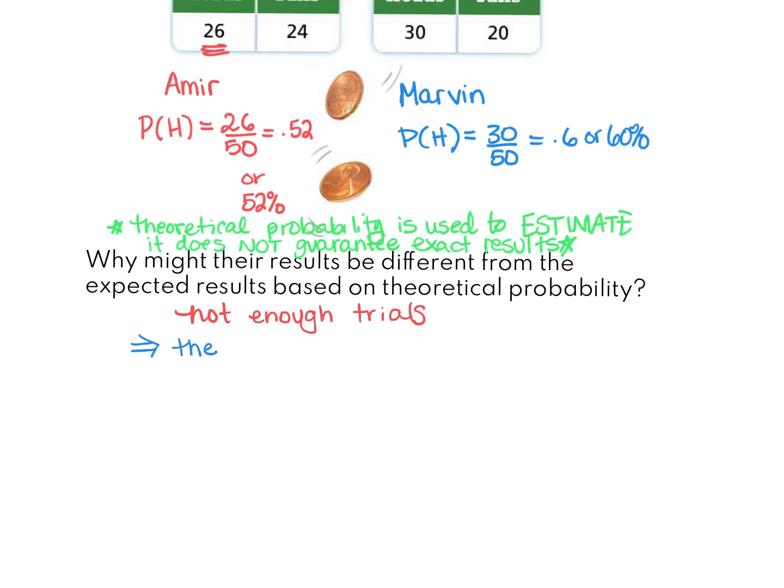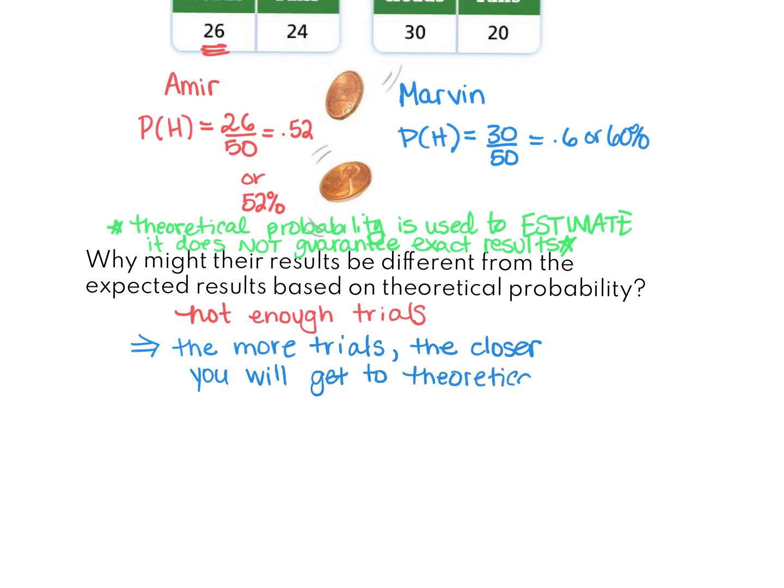The more trials, the closer you will get to that theoretical probability. And this is important to remember. Thousands and thousands of flips of coins will get closer and closer to that 50% theoretical probability.